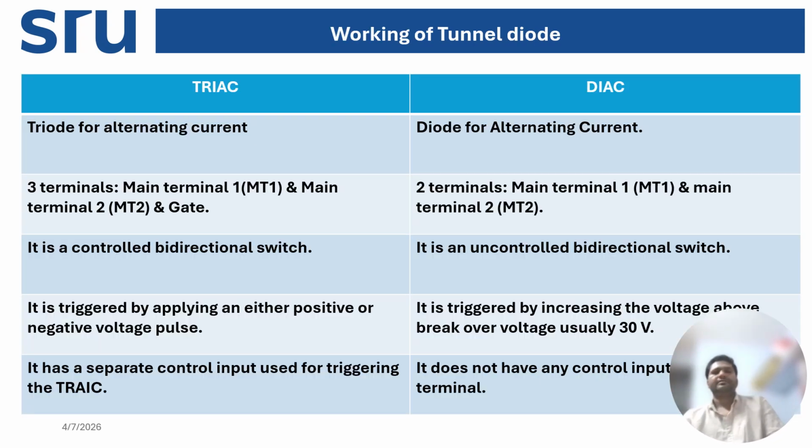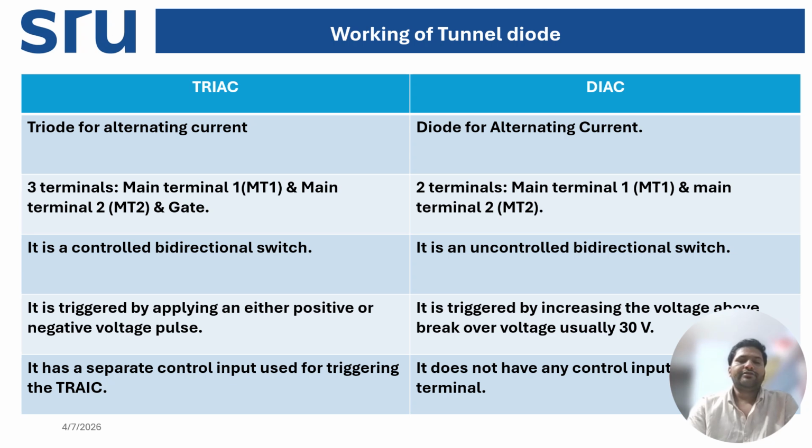Next is the difference between TRIAC and DIAC. TRIAC is triode for alternating current, DIAC is diode for alternating current. TRIAC has three terminals, main T1, T2 and gate terminal. DIAC is a two terminal device, T1 and T2.